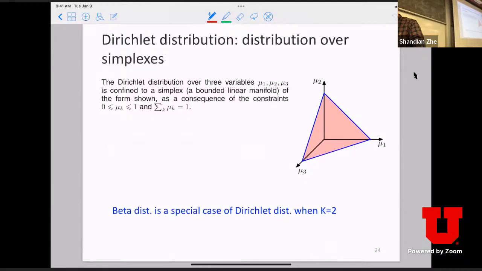Here is a graphical illustration of the Dirichlet distribution. We talk about 3 variables, mu1, mu2, and mu3, as we just discussed. A sample from a Dirichlet distribution will always be a probability vector, meaning that the summation of mu1, mu2, and mu3 must be 1, and each of them must be no less than 0 and no bigger than 1.